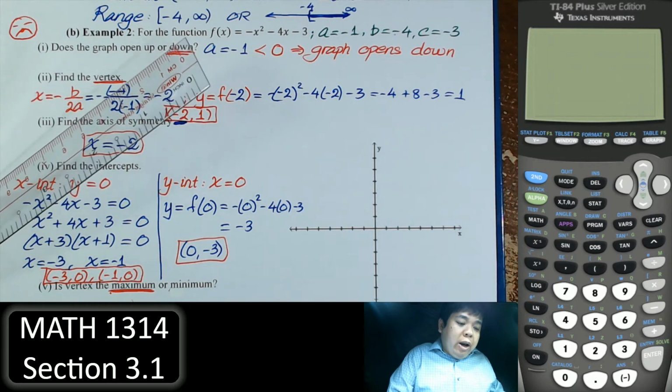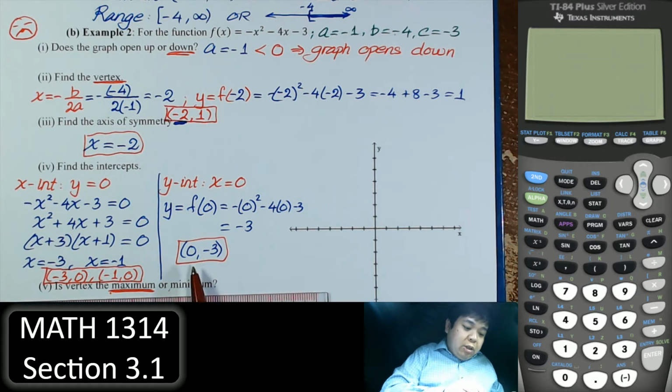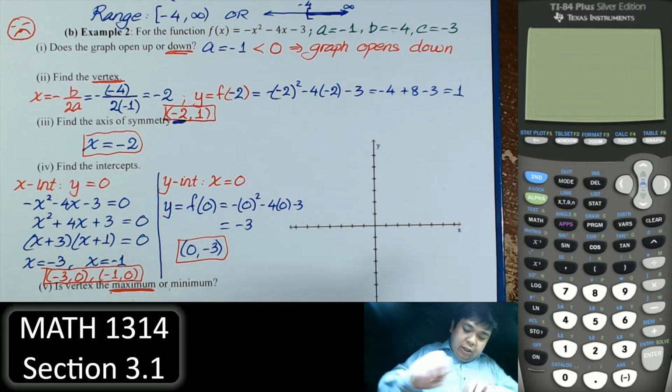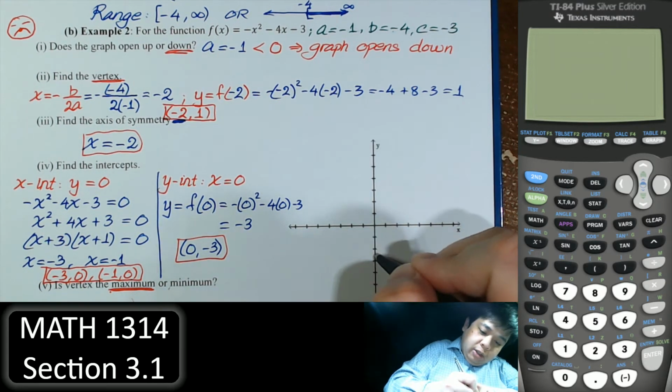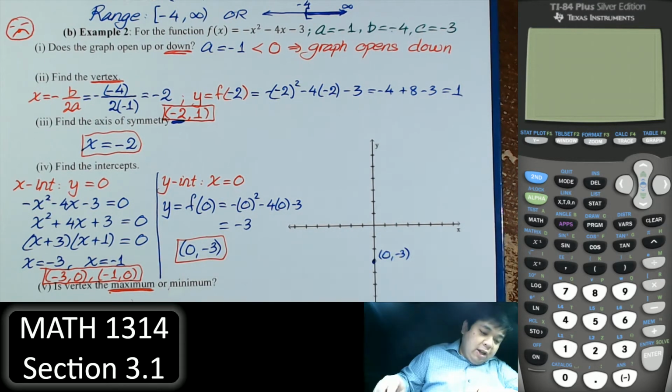Right, when x equal to 0, y equal to -3. So I have a point x equal to 0, -3. The y-intercept.